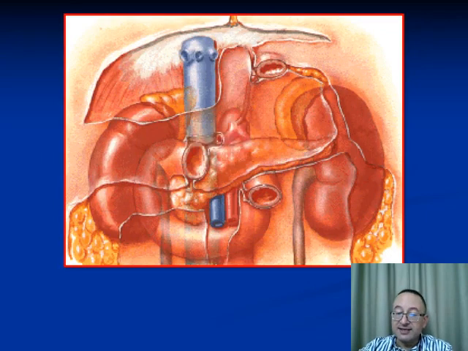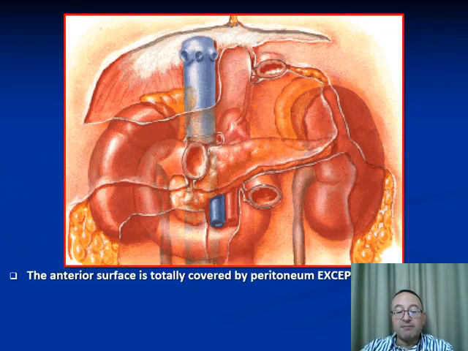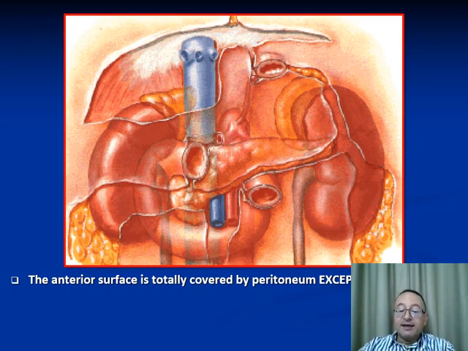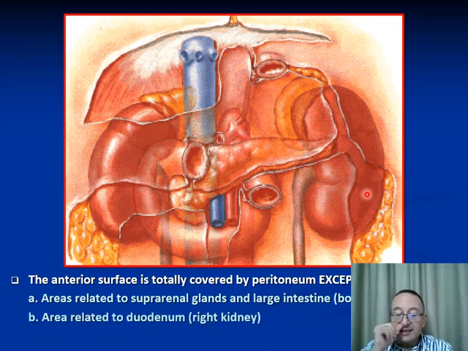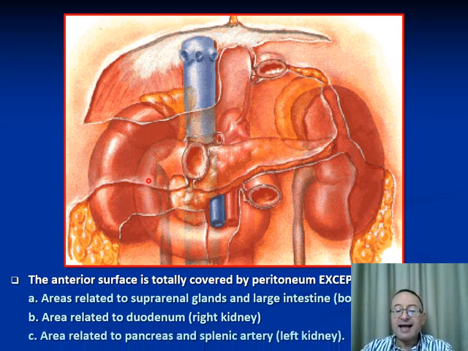What are those organs? Number one, suprarenal glands. They are directly related to the kidney. And parts of the large intestine. What else? I have areas related to the duodenum. It is directly related to the duodenum. No intervening peritoneum. And finally, the area related to the pancreas and splenic artery.